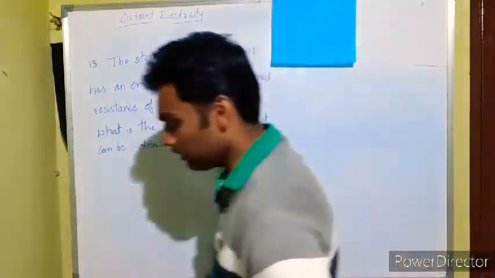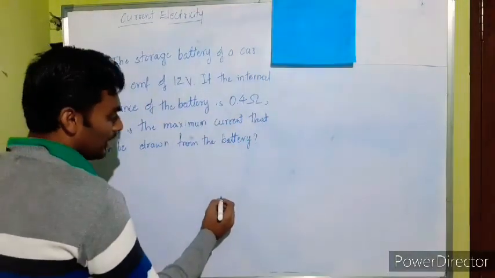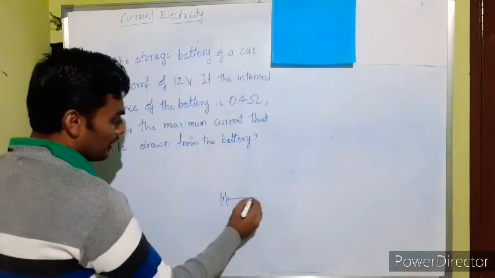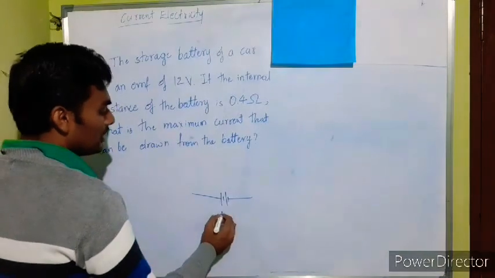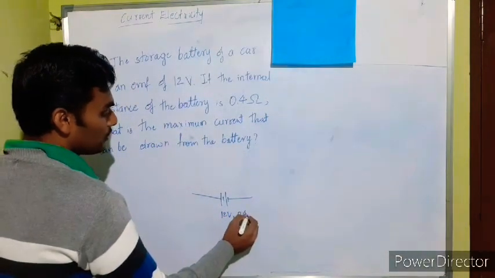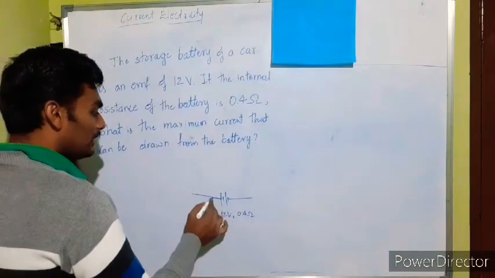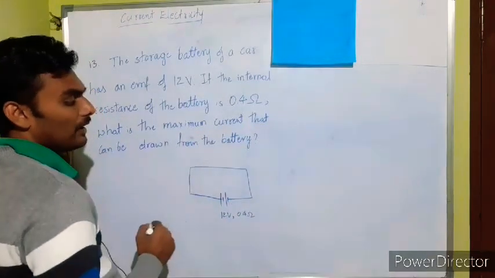Look at the situation here. We have a battery with an EMF of 12 volt and an internal resistance of 0.4 ohm. When do we get the maximum current out of this battery?